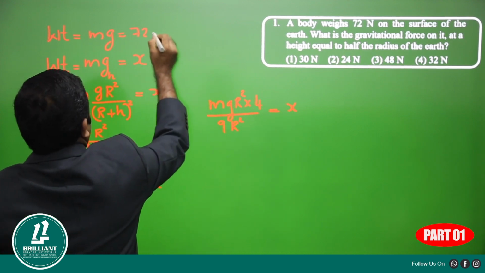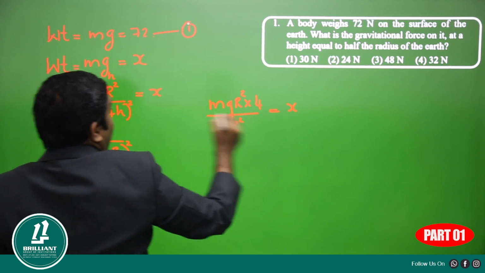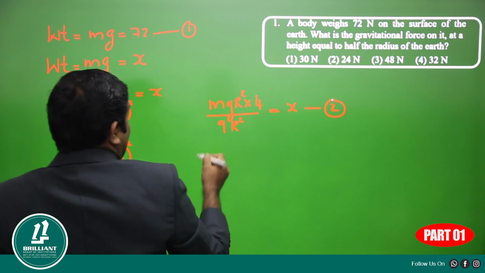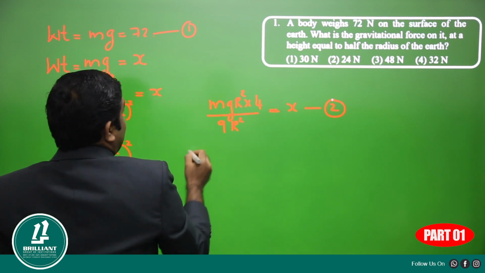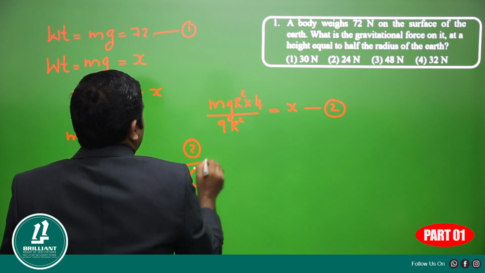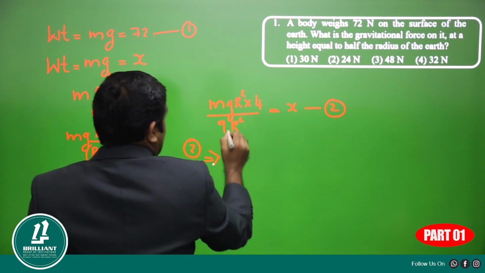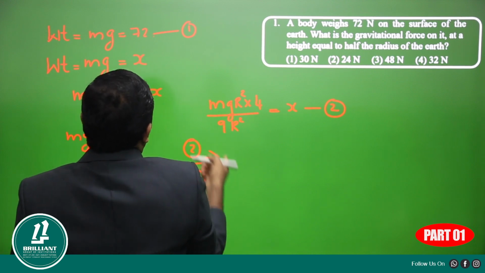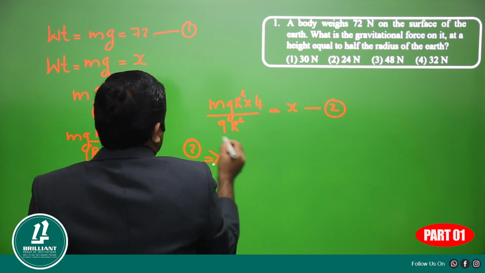I can consider this as equation 1 and this as equation 2. We have to find this x value. So we can take 2 by 1, and here mg is 72. The mg will cancel on both sides.